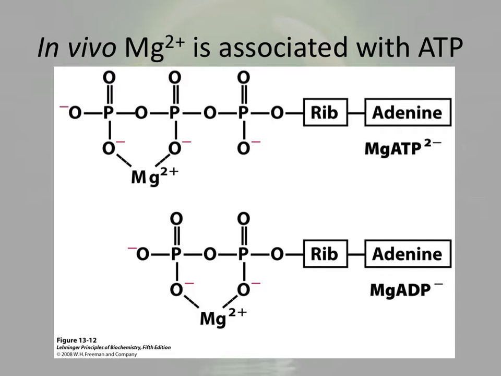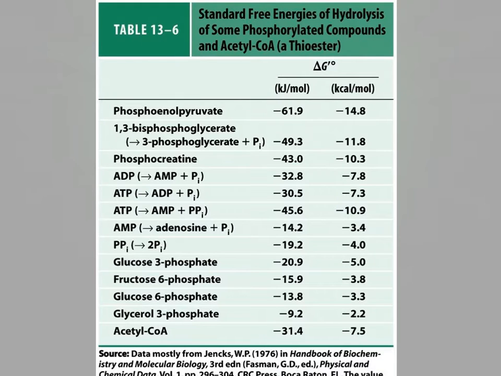And there are even more compounds that give off even more energy than ATP. So this is what that's trying to show you. One example is phosphoenolpyruvate, which is commonly called PEP. It's one of the highest energy containing compounds. So you might think, why aren't we just PEP based? Why ATP?